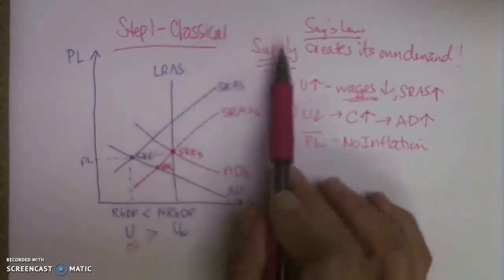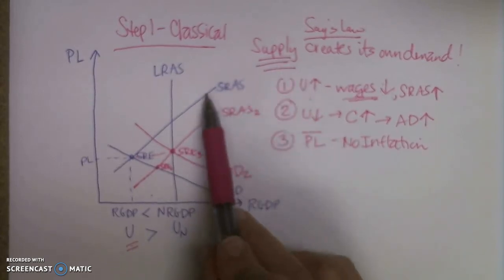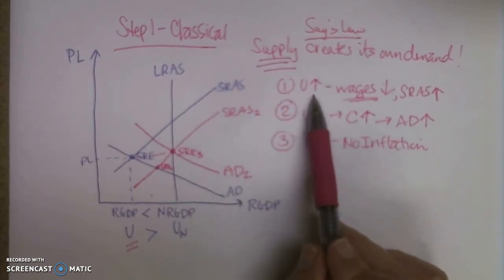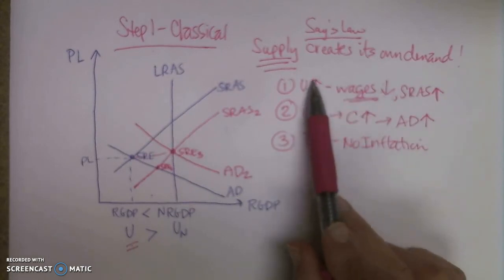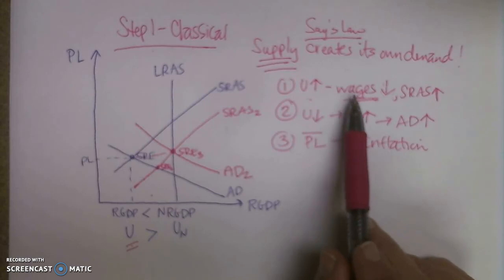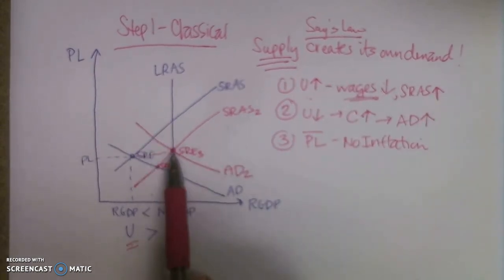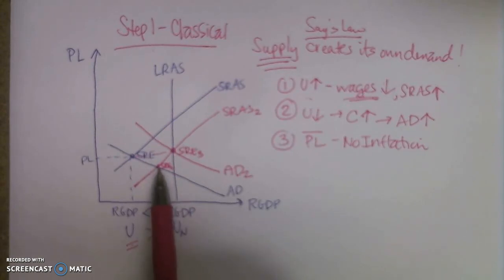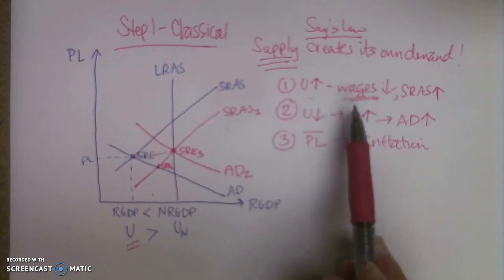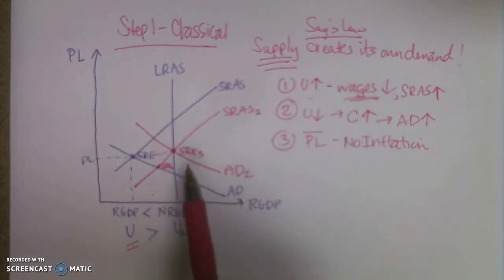So step one for classical, that's supply, right? And if we're going to increase supply, it's because unemployment is going up. If we have so many people unemployed, their unemployment rate is increased, then wages for everybody should fall. If that occurs, then the short run aggregate supply curve will increase and move to the right. Remember, that moves us to SRE2. Then unemployment is going to come down because we hire those people at cheaper rates. We can produce more.